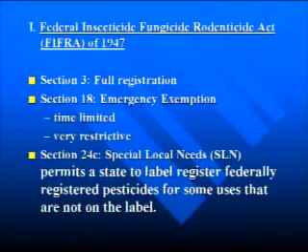Section 18 is what's called an emergency exemption label, and these are for just that, emergency situations. They're time limited and very restrictive. An example of this may be if we have an outbreak of a certain caterpillar on cotton and we don't have a good control for that.